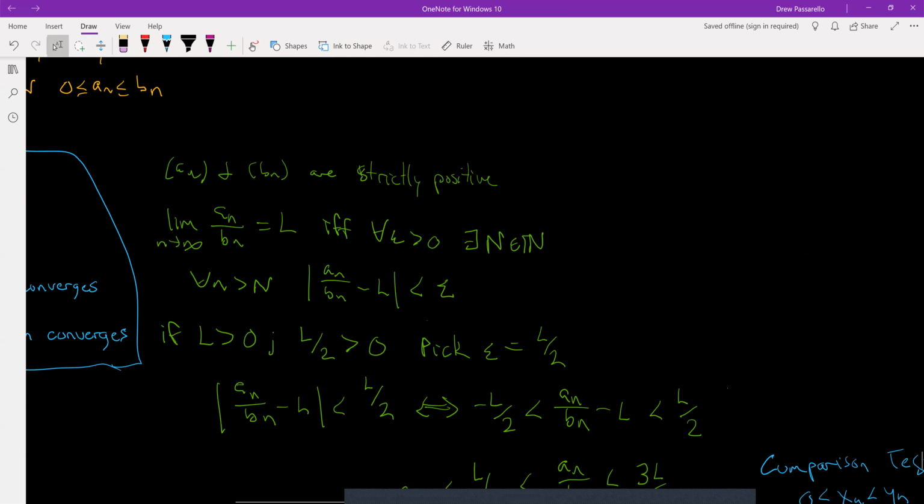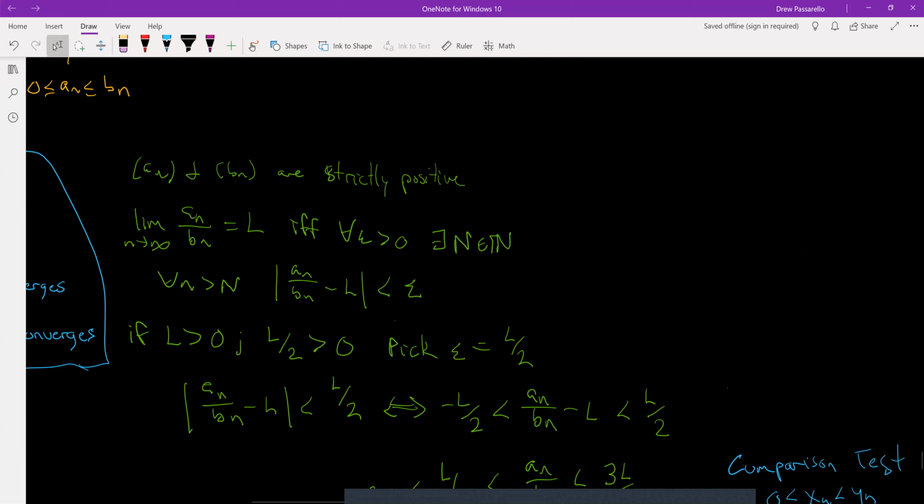So again, our sequences an and bn are strictly positive. And we're trying to show that the limit of an divided by bn equals L if and only if for all epsilon greater than 0 there exists a capital N, a natural number, such that for all little n bigger than capital N, we have that the absolute value of an over bn minus L is less than epsilon. We already know that's by definition of convergence of a limit of a sequence.